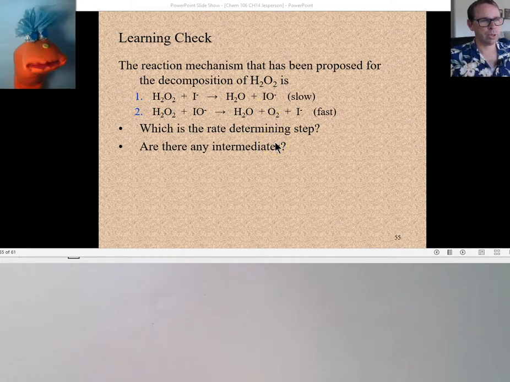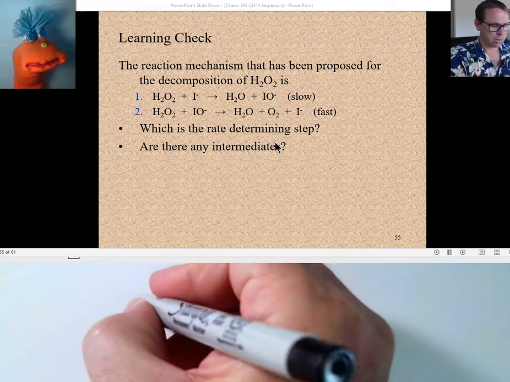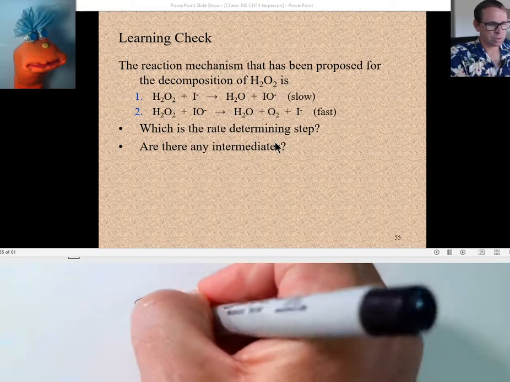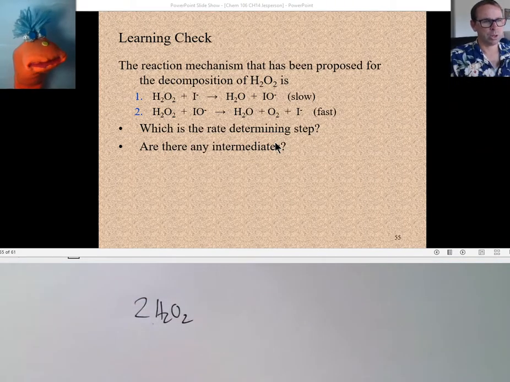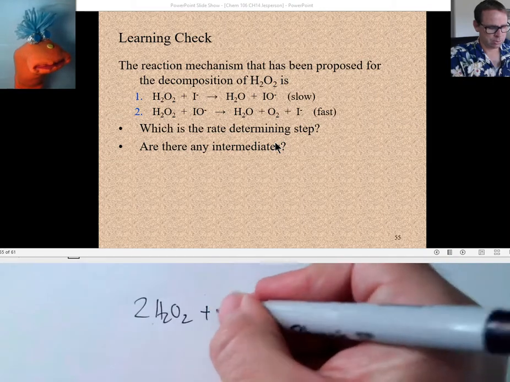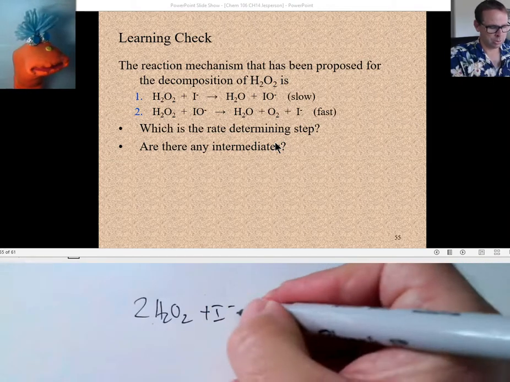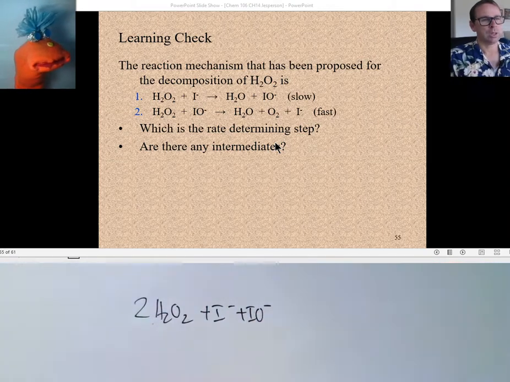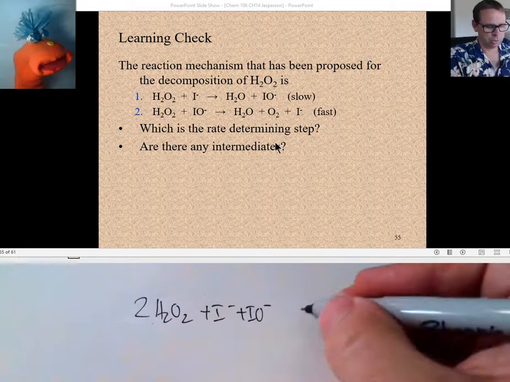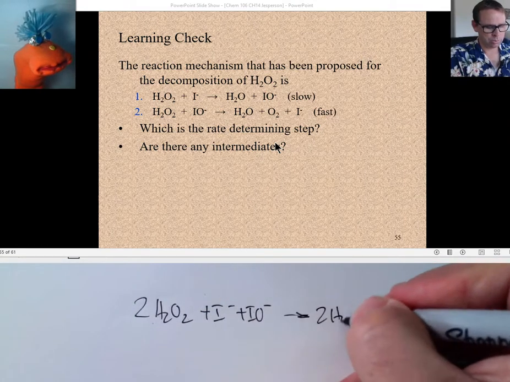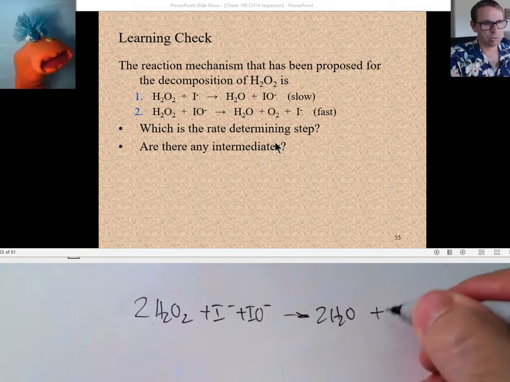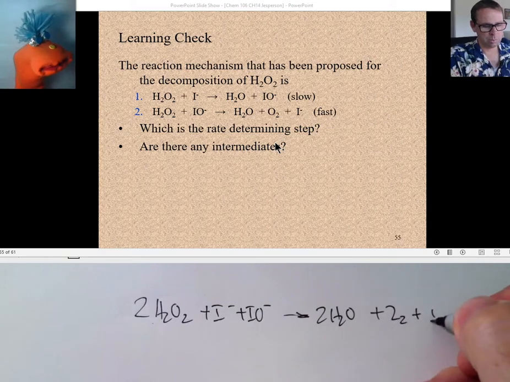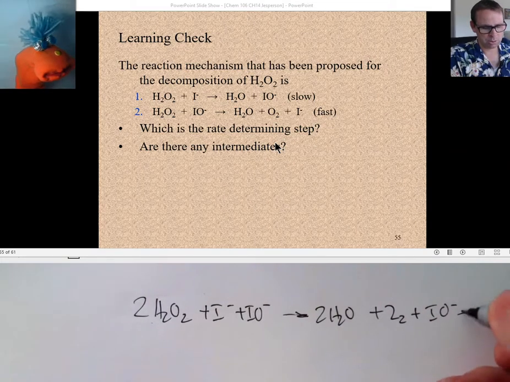Oh, you mean like 2 H2Os? That's right. 2 H2O2, 2 hydrogen peroxide, plus an I minus plus an IO minus. And then on the other side, you have 2 H2O plus O2 plus IO minus plus I minus.